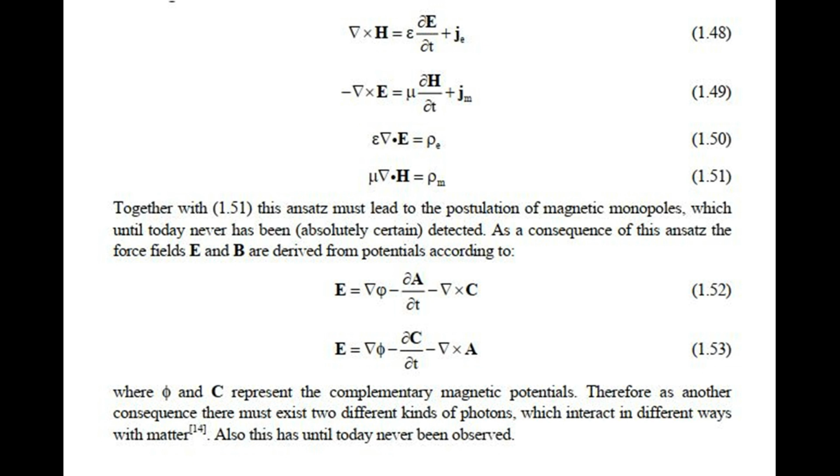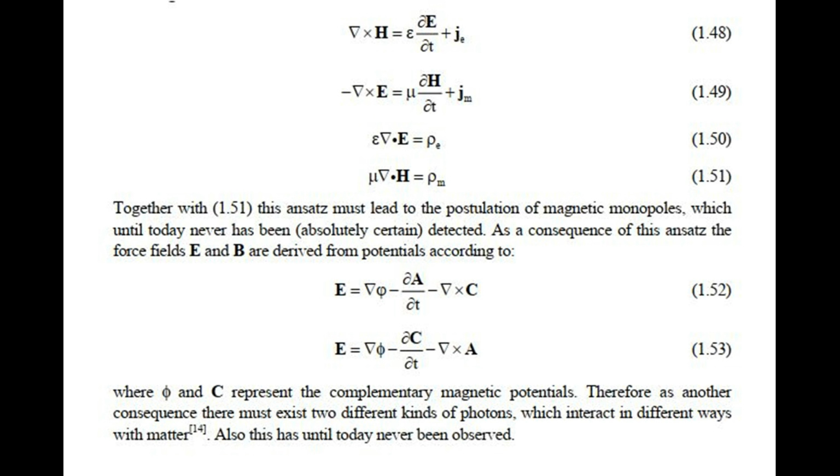As a consequence of this ansatz the force fields E and B are derived from potentials, where F and C represent the complementary magnetic potentials. Therefore, as another consequence, there must exist two different kinds of photons, which interact in different ways with matter. Also this has until today never been observed.